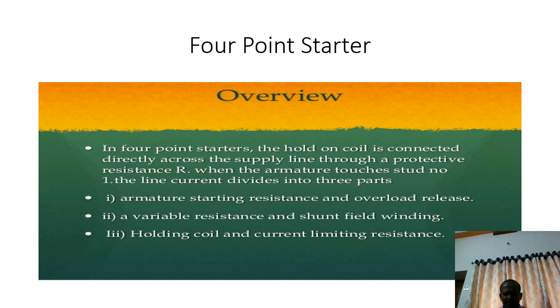One, the armature starting resistance and overload release. Second, a variable resistance and shunt field windings. Third, the holding coil and current limiting resistance. So the line current is divided into three parts.